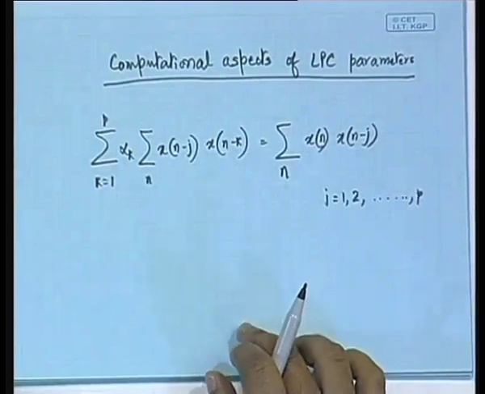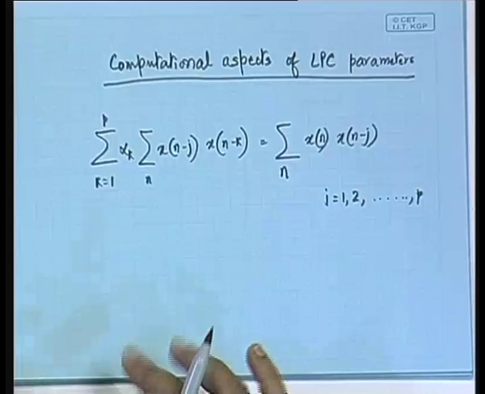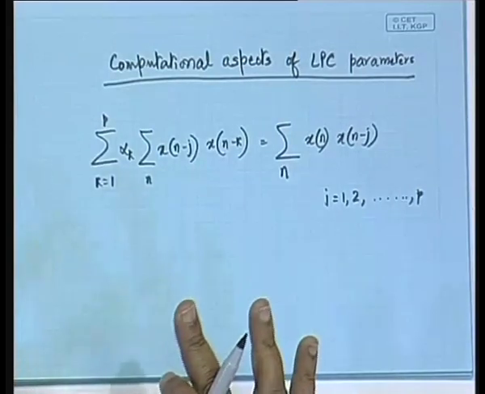Now, in the equation that we described in the last class, x n were the samples. Today, before we begin our analysis, we make some change of notation. What we are considering is segments of speech.